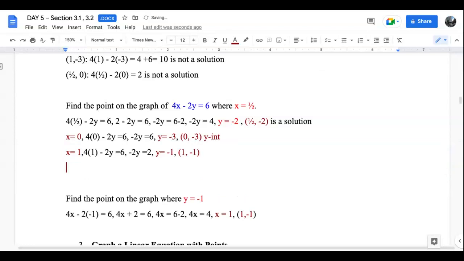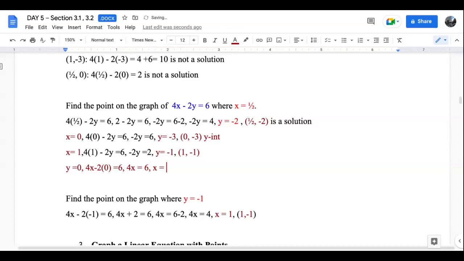Or better yet, let y be 0. If y is 0, we have 4x minus 2 times 0 equals 6. Then 4x equals 6.